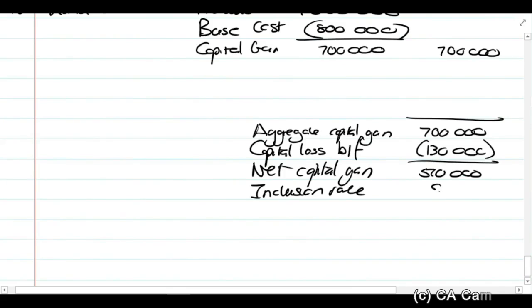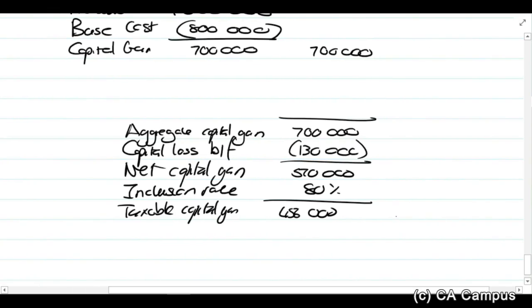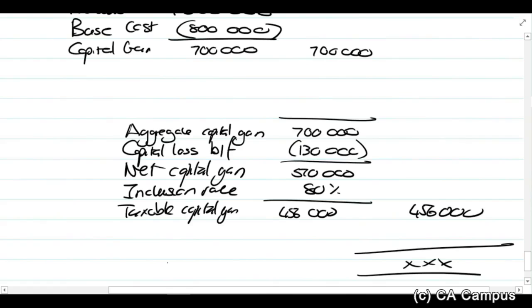Then we have our inclusion rate of 80%. So 456,000 is our taxable capital gain. That amount goes into my rands column. And now we add up everything. And that is our taxable income. And that's it.